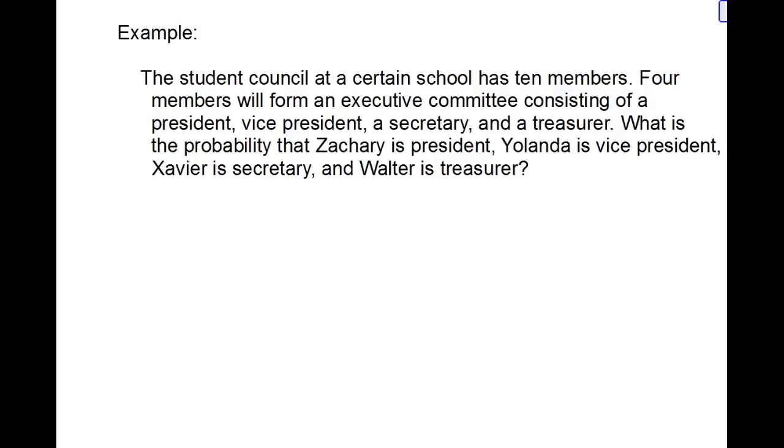Well, really there's actually only one way that this can happen, that these 4 people can get these positions. So I'm looking for this probability, so there's only one way that this can happen, but I need to know how many different permutations there are for a 10-member council to come up with a 4-member committee.